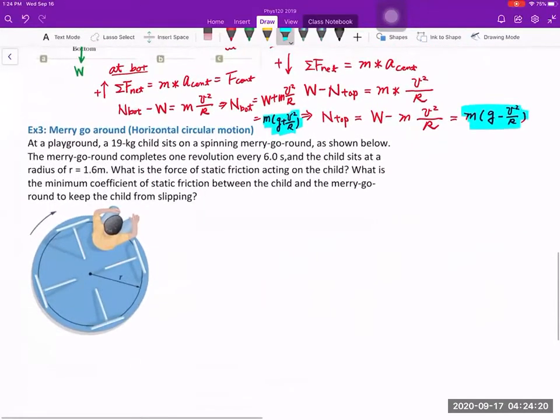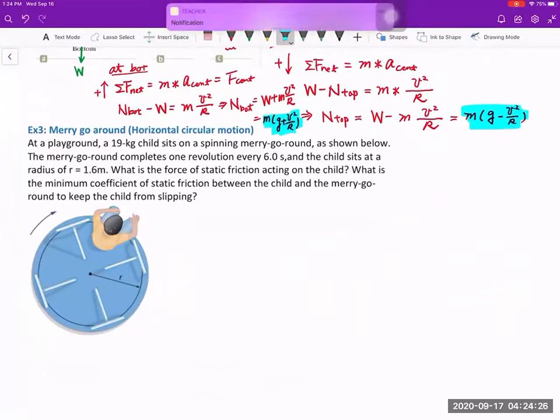Okay, the last situation that we have here is the merry-go-round. The situation is different from the previous one. This one goes horizontally, so gravity is going downwards against the ground, instead of going along the person.